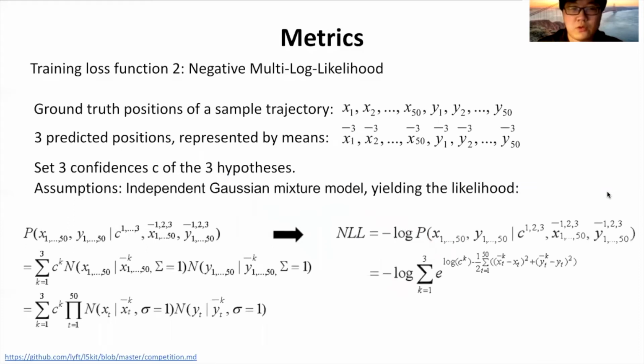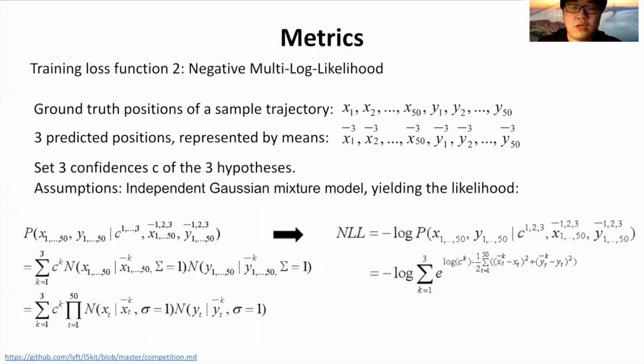Another metric that we use is negative multi-log likelihood. The idea is to consider the ground truth positions of a sample trajectory like x1, y1, x2, y2, and so forth. We have 3 predicted positions, represented by means, and 3 confidences of the 3 hypotheses. The assumption is that the ground truth positions follow independent Gaussian mixture models.